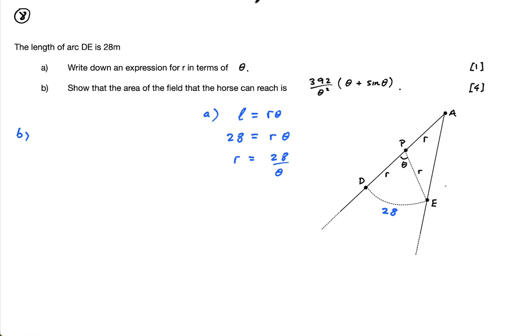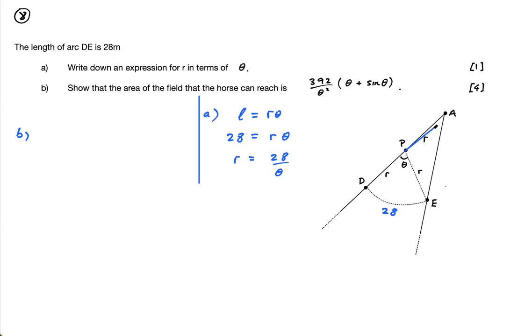The total area that the horse can reach is this whole sector and this triangle, because if the horse is on this rope, he can walk anywhere in here. He doesn't have to extend the rope, but he can't go further than this, and he can't go past these lines because these are fences.